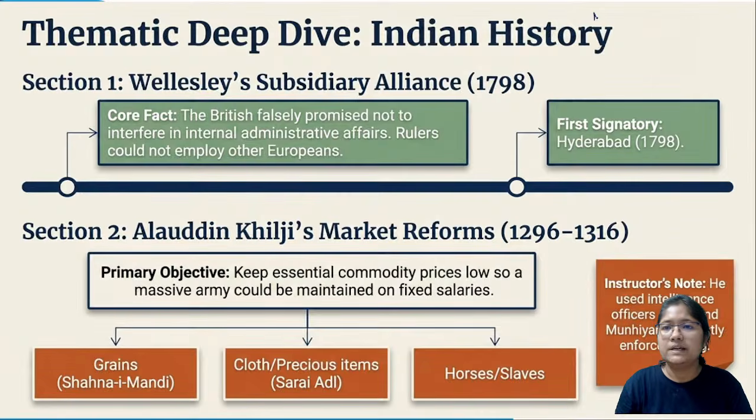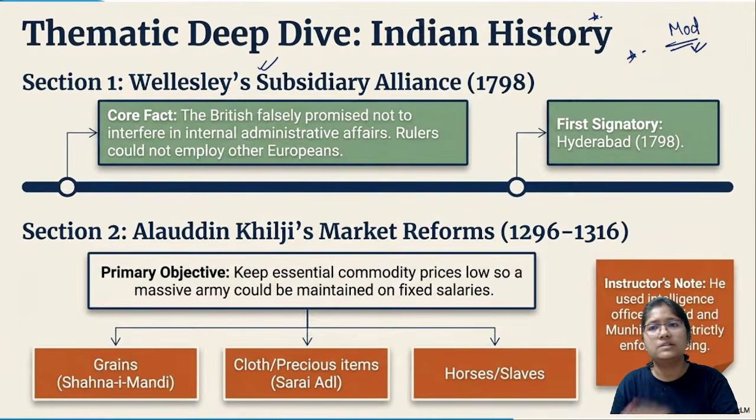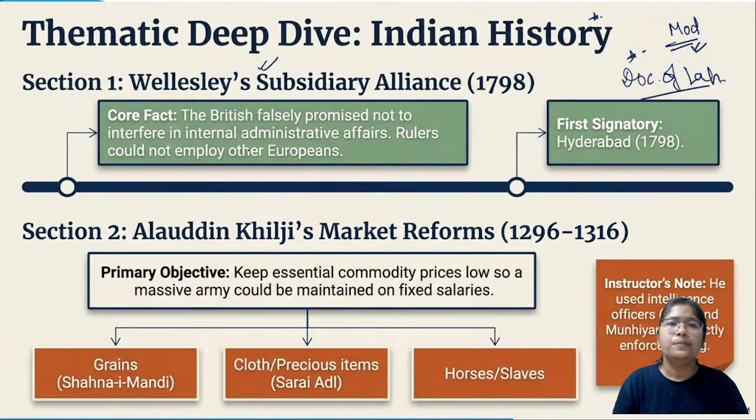Then when we study history, we know that modern India is important, or from that part we get questions. There we study subsidiary alliance, and then later on we study Dalhousie's doctrine of lapse, right? This anyhow you study. So in this they had asked about the subsidiary alliance.